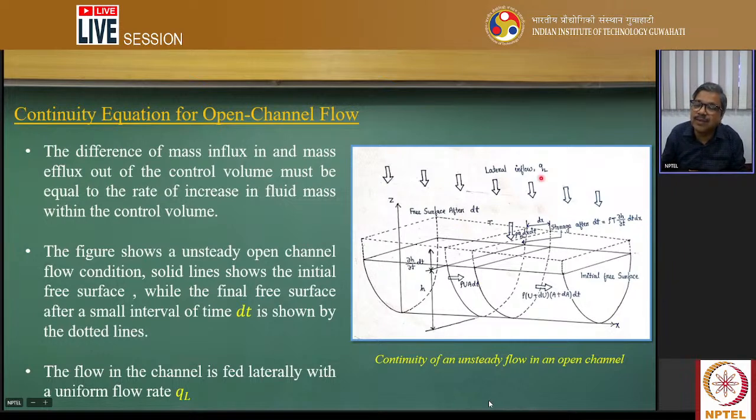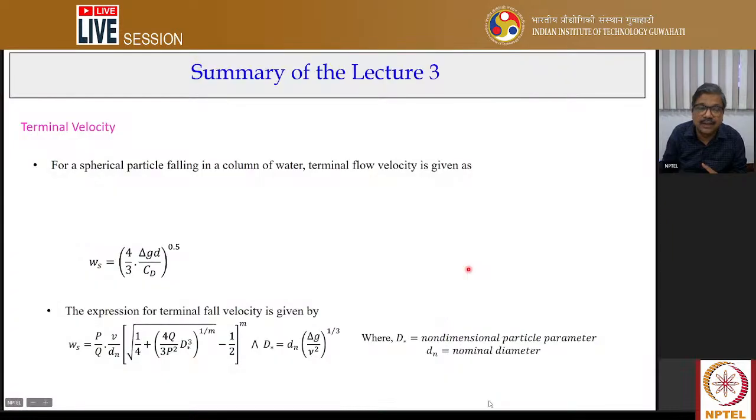That's the reason the lateral inflow is given emphasis here. And the change of storage, all the components are there, which follows a control volume concept to derive the mass conservation equations, or the continuity equations.